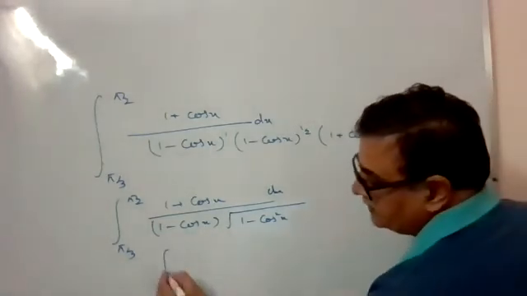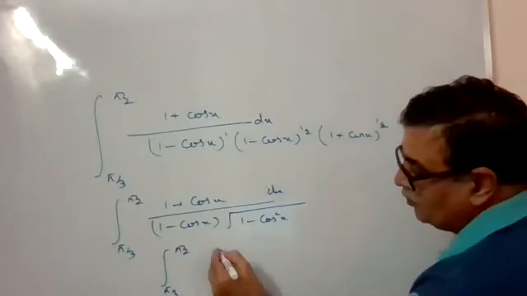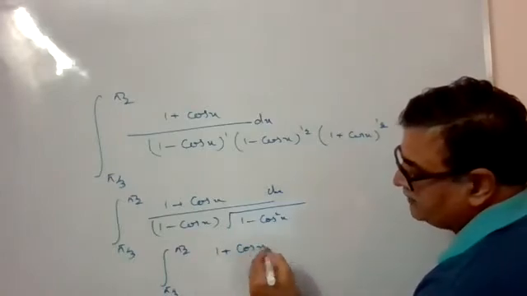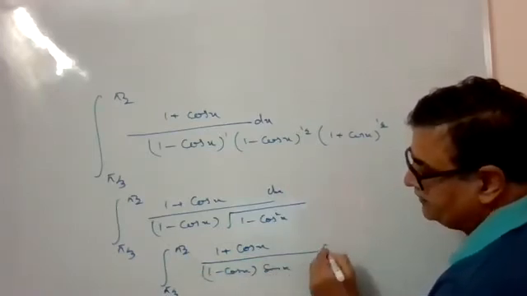Then we write this as pi by 3 to pi by 2, (1 plus cos x) by (1 minus cos x) into sine of x dx.